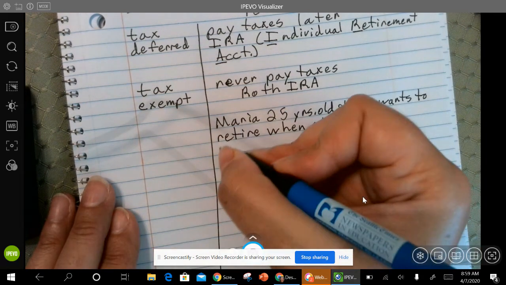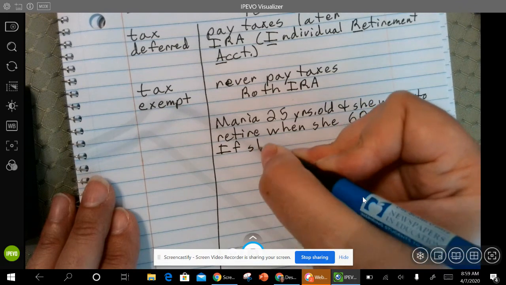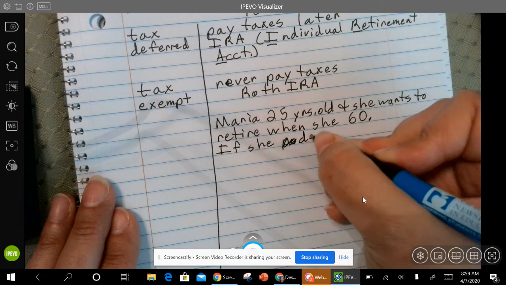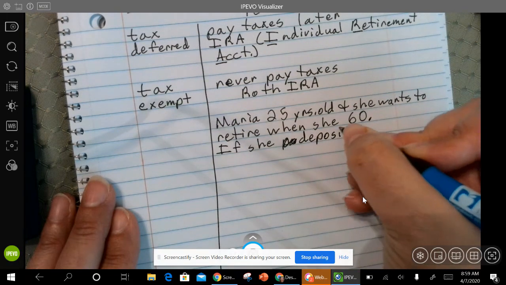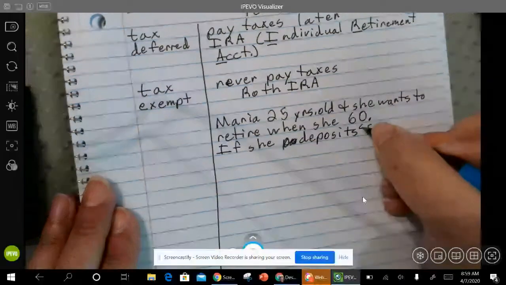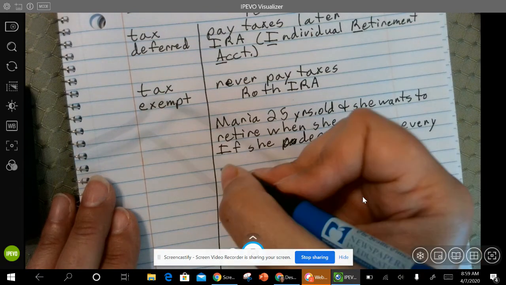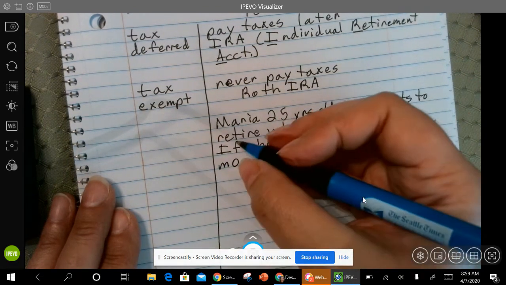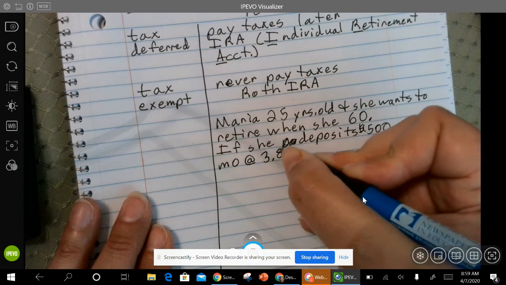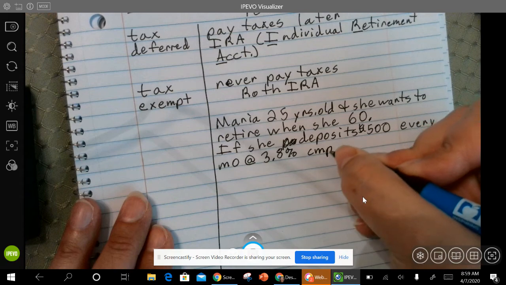If she deposits $500 every month at 3.8% compounded monthly.